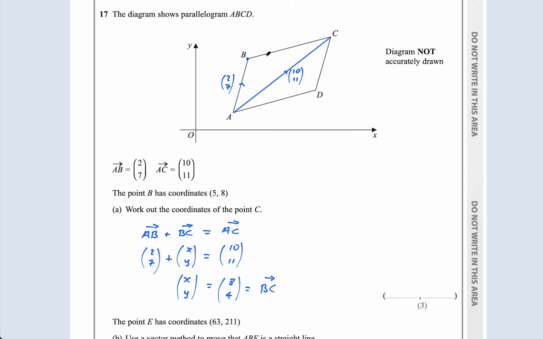Okay, once I have the vector BC, I can then find the coordinates of C by just adding it onto 5, 8. Because if I'm at 5, 8, and I add 8, 4 onto my 4, 8, because I'm here now, I'm going to go along 8 and up 4.